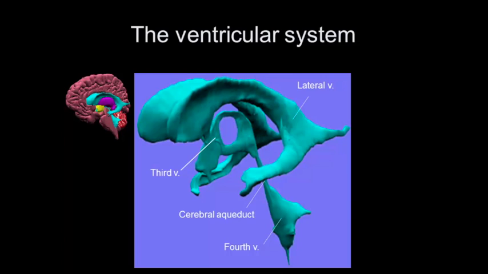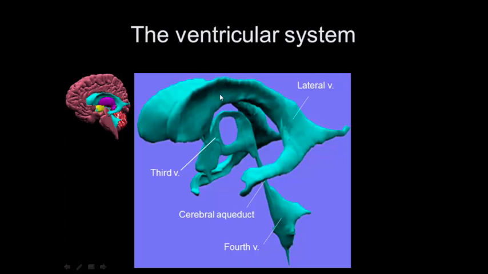Okay. So there are four main ventricles. These are the lateral ventricles that are like skewed C shapes, you see? And these are located in the hemispheres. So there is one lateral ventricle in each hemisphere, okay?